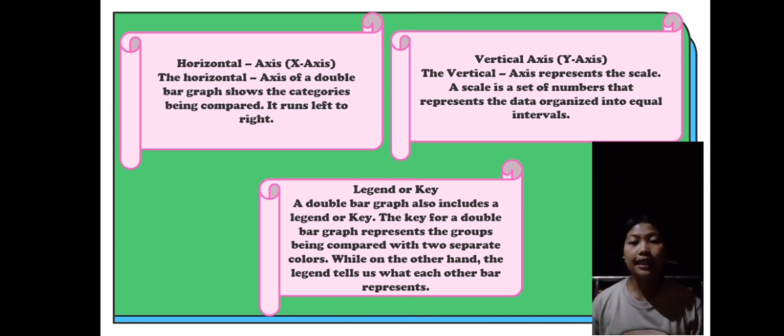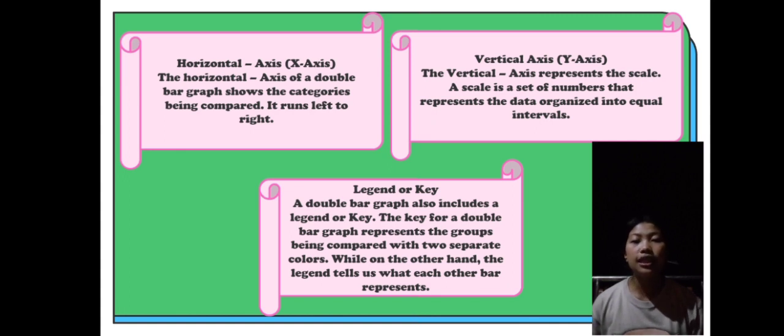A scale is a set of numbers that represents the data organized into equal intervals. Always remember that in most bar graphs, the y-axis runs vertically up and down. Typically, the labels of the vertical axis are numbers for the amount of the items being measured.